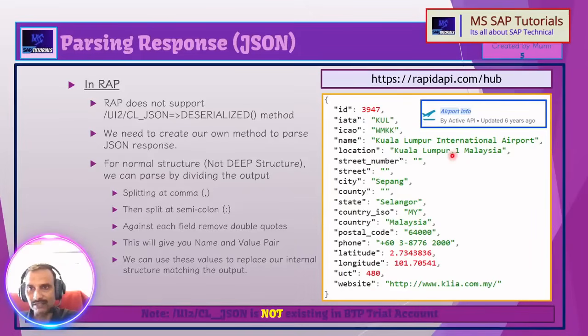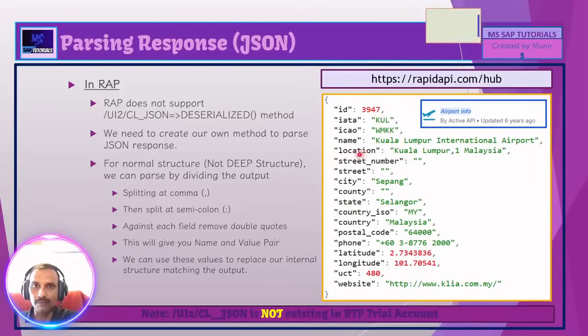Now, some of them still have a comma here, you see. We will have to loop it back so that we get a single line with a name value pair. And then split it by colon, remove these quotes, and then use it as a name value pair, guys, to fill our structure.